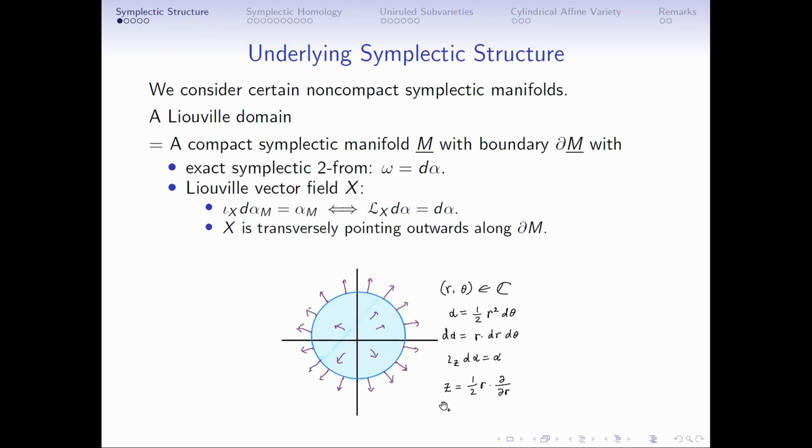So our Liouville vector field is one half r dr. The unit disk in the complex plane with this Liouville vector field gives a compact symplectic manifold with boundary, and we call it a Liouville domain.